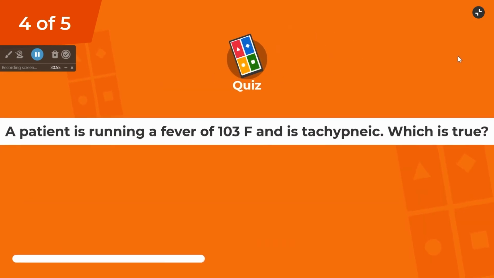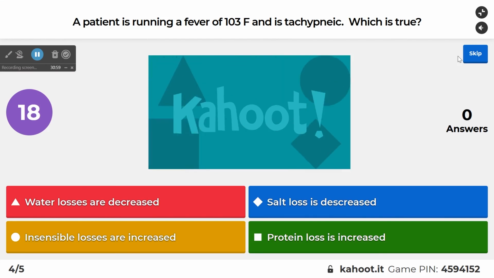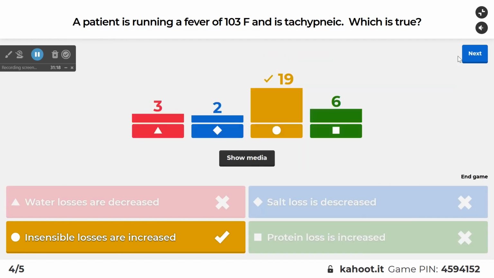Okay. Patient's running a fever of 103 and is tachypneic. Which of these is true? Insensible, very good, most of you got that.